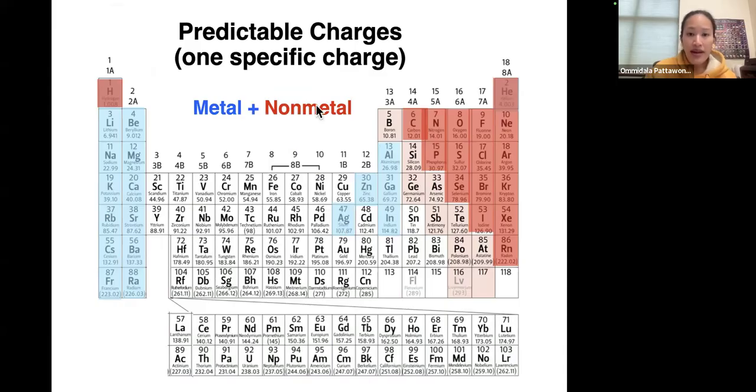Then you're going to follow by the name of the non-metal, but we're going to change this non-metal to end with "ide." For example, hydride, carbide, nitride, phosphide, oxide, sulfide, selenide, fluoride, chloride, bromide, iodide. That's how you do it.